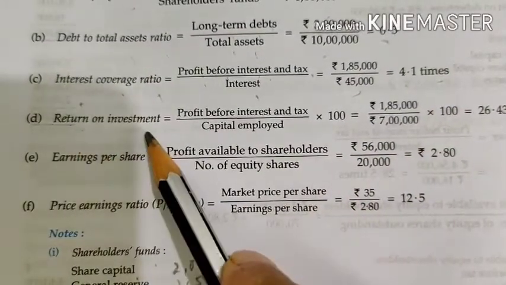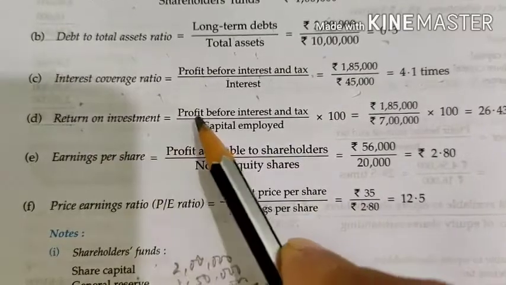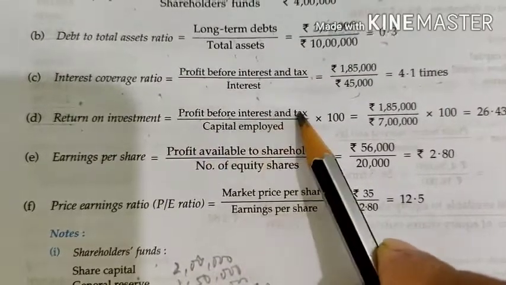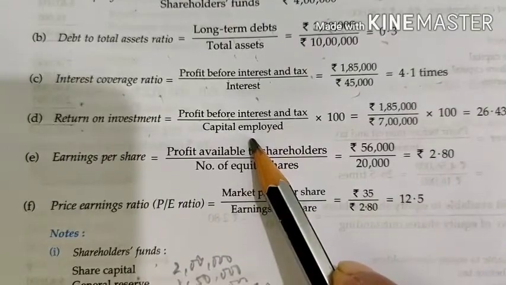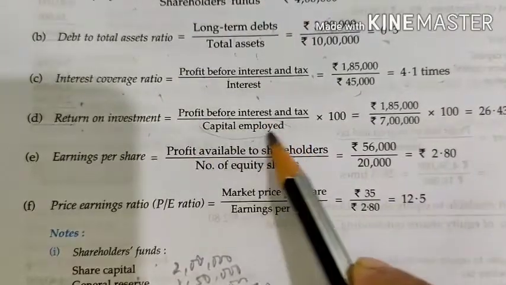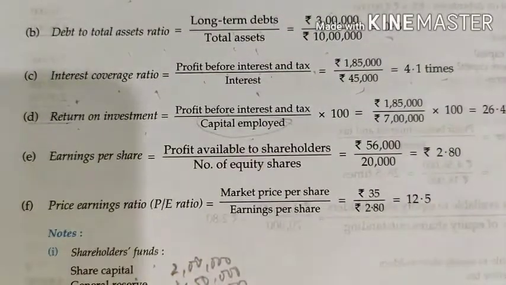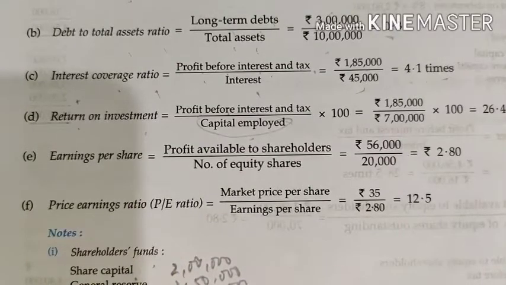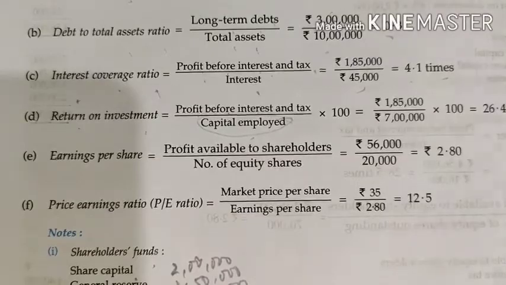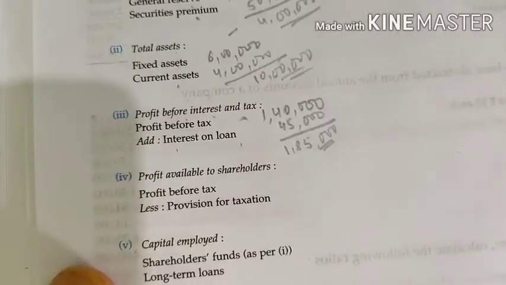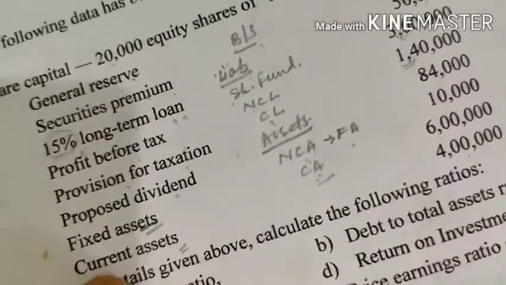Now return on investment. Profit before interest and tax divided by capital employed. Now what is the meaning of capital employed here? Capital employed means the total investment made. And how do you find the total investment? Again let's go back to the balance sheet.